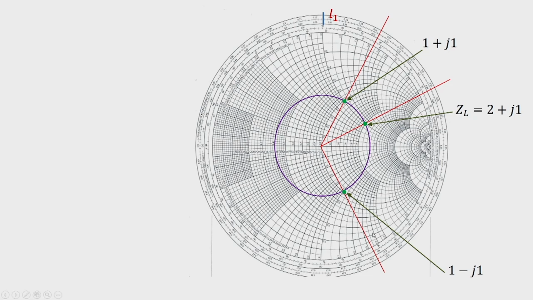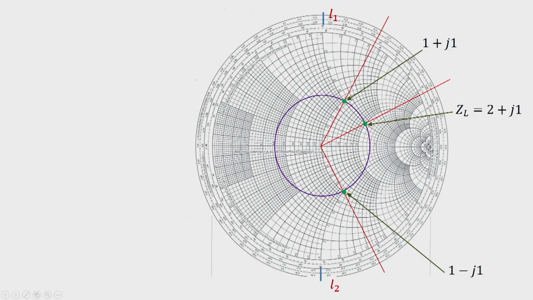So, we can find out the length. We know that this is the open circuit point, and starting from here, if we move across the periphery of the Smith chart, at this point we find plus j 1 corresponding to this solution, and this gives us the length L 1.